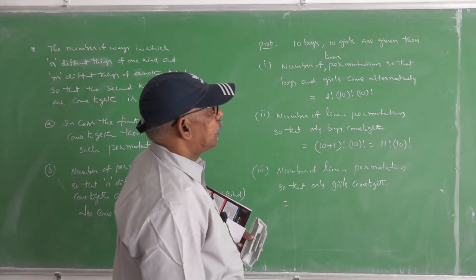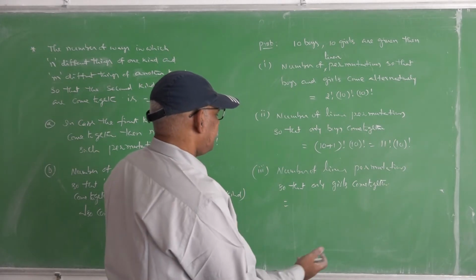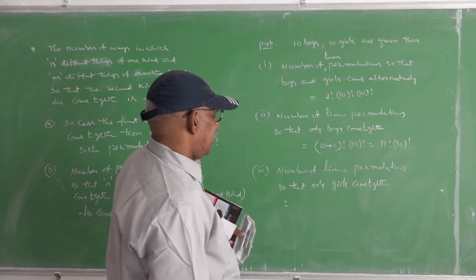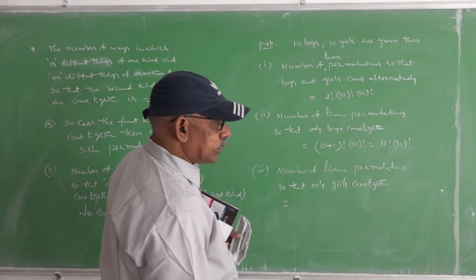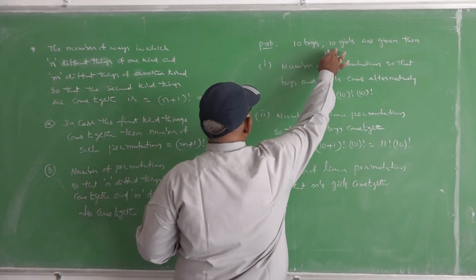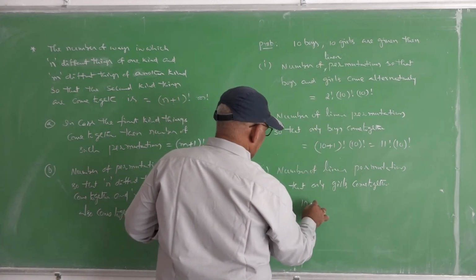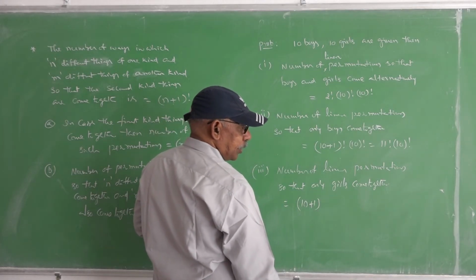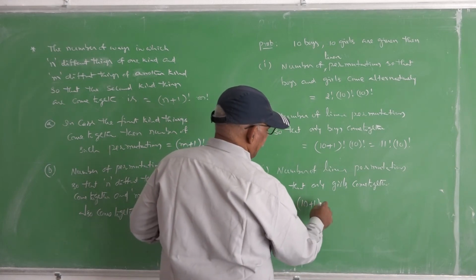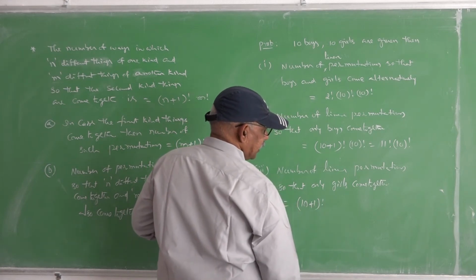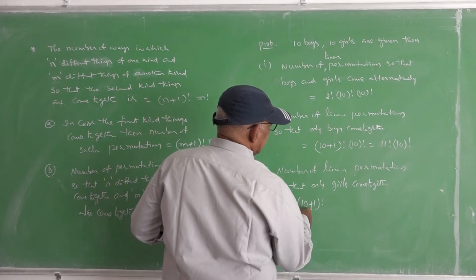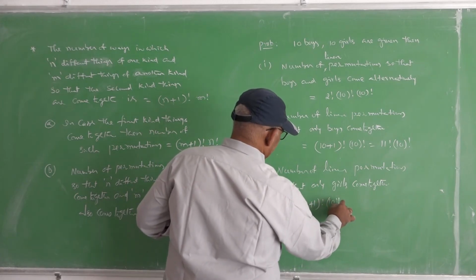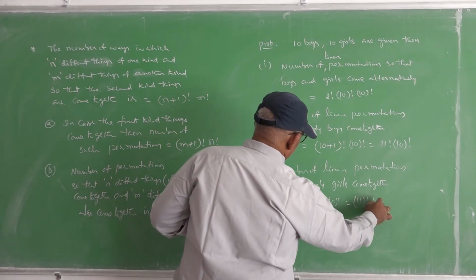Out of 10 boys and 10 girls arranged in a row, the number of linear permutations so that only girls come together: assuming all the girls as one person, then 10 boys plus 1 person, the total number of persons is reduced to 11. So 11 persons may be arranged in 11 factorial ways, and for each such arrangement, the girls can be arranged in 10 factorial ways. Hence, in this case also 11 factorial into 10 factorial.